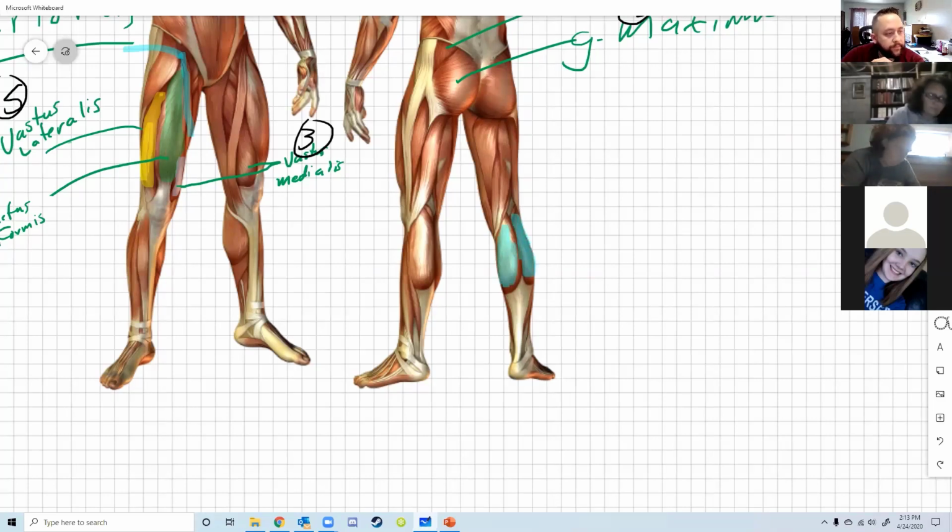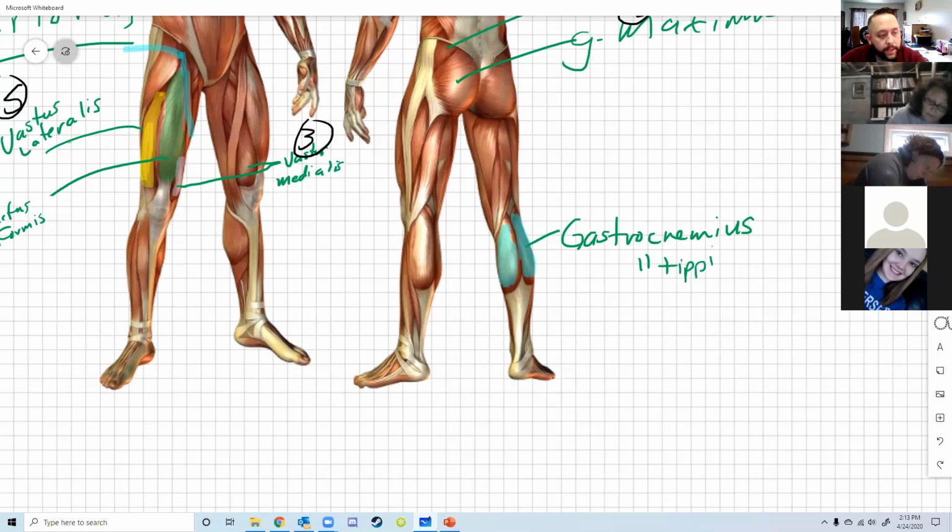They got a cool name, gastrocnemius. Your calf muscles. These allow tippy toeing.